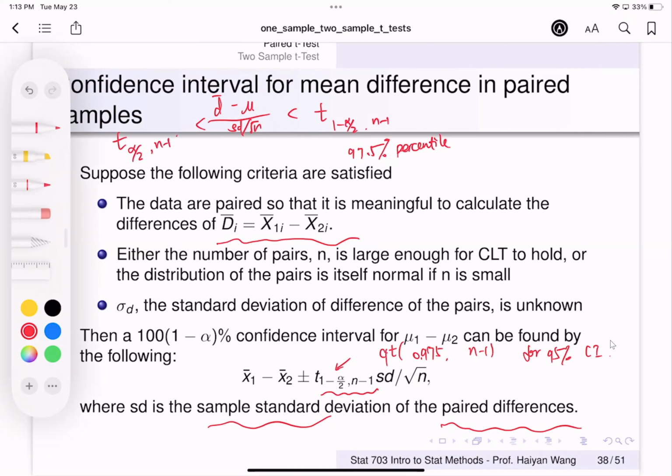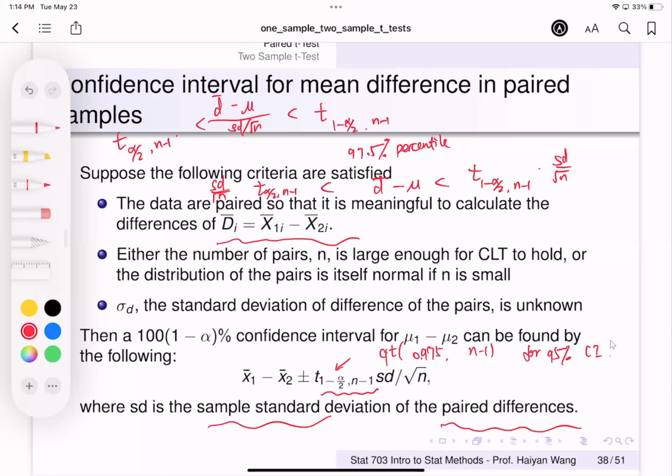Once I do that, to write it in terms of an interval for mu, I first multiply SD over square root of n on both sides. The left-hand side still gives the percentile multiplied by SD over square root of n, and the right-hand side gives the corresponding percentile multiplied by SD over square root of n. Afterward, what I want is the interval of mu, so I have to move the d bar to both sides.